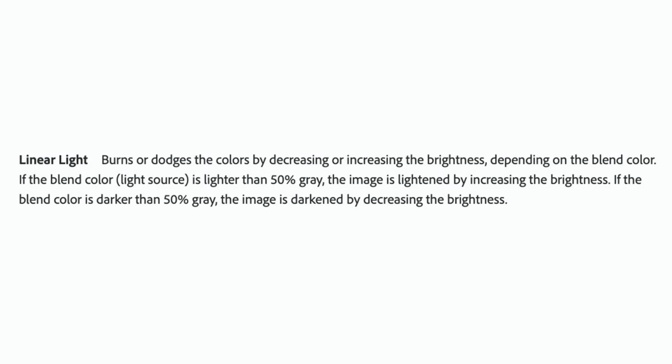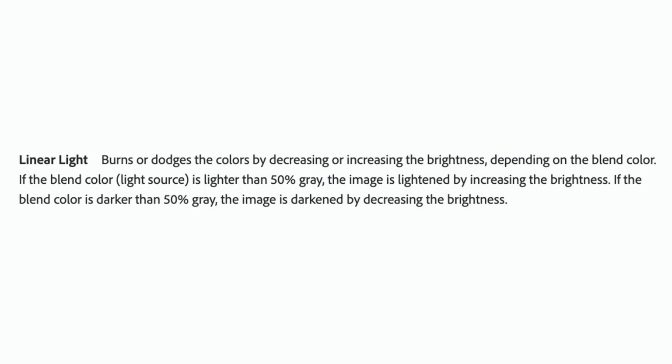Next thing that we have is linear light. Now, linear light is the one that I've talked about that I actually use. You use it in high frequency separation to actually increase contrast. You can also use it when doing high pass as well, once again, to increase contrast. And really, the increase in contrast is a sharpening tool. It has nothing to do with really light on the image. It's a sharpening tool.